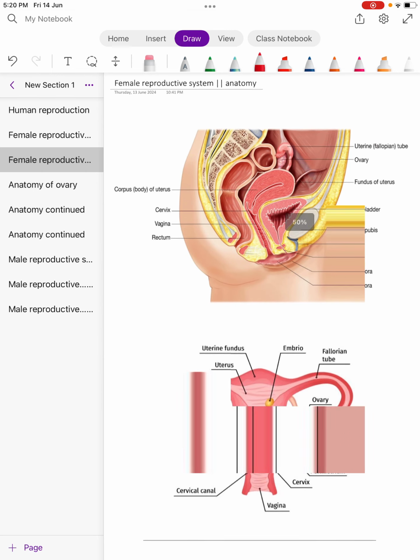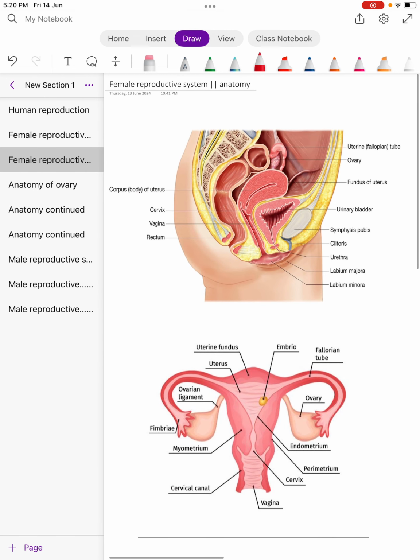So here is the anatomy, and we can say the lateral view of the female reproductive system. We discuss the organs one by one. First is the labia majora, this one, and after that the labia minora. Here is the clitoris.